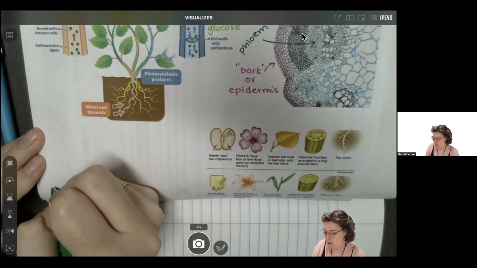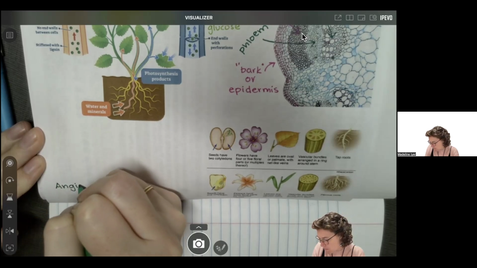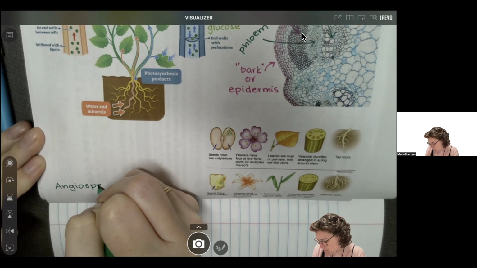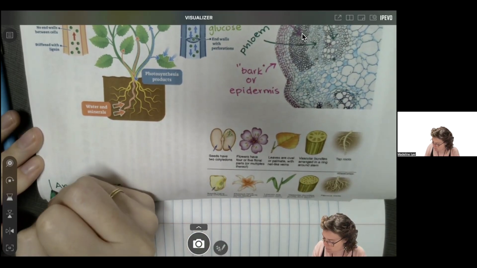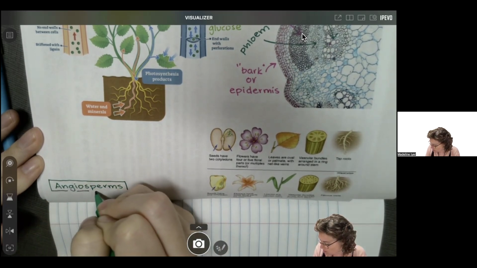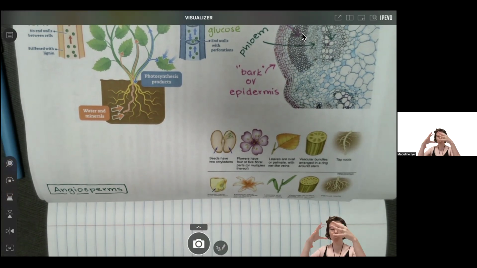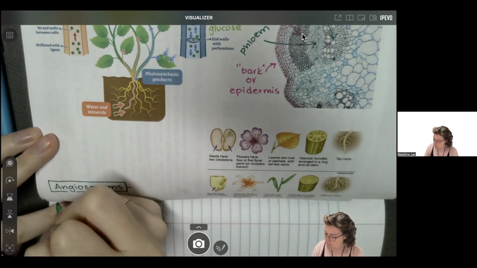We're going to add this at the very bottom. Okay, so if we were going back to our unit where we did a lot of taxonomy, angiosperms would be one big group. Okay. Flowering plants.